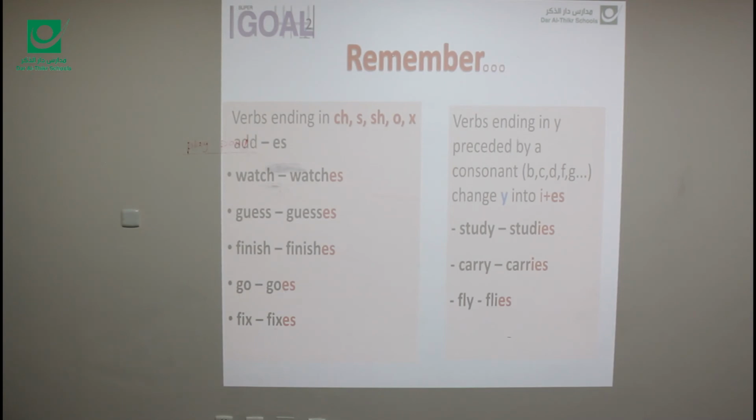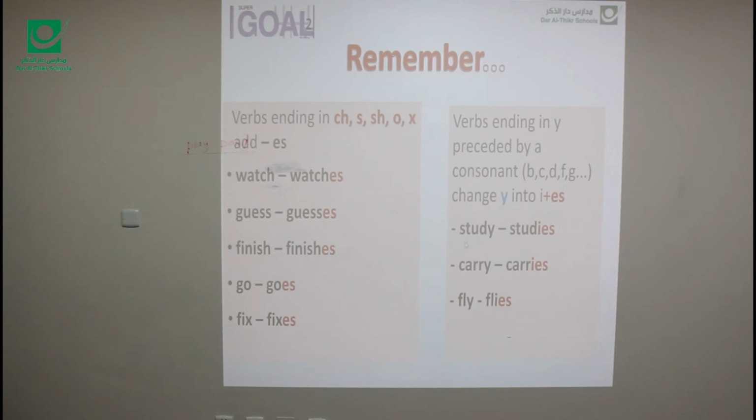Okay, this part here. Verbs ending in y, preceded by a consonant. If the verb here ends in Y, before Y we have a consonant letter like B, C, D, F, G, and so on. Change Y into I and add ES.